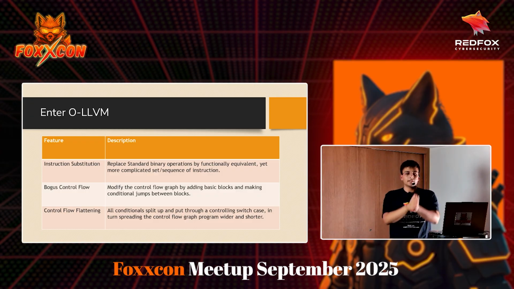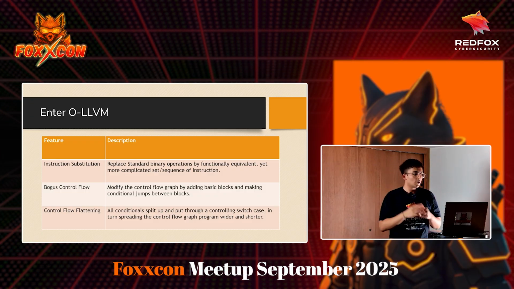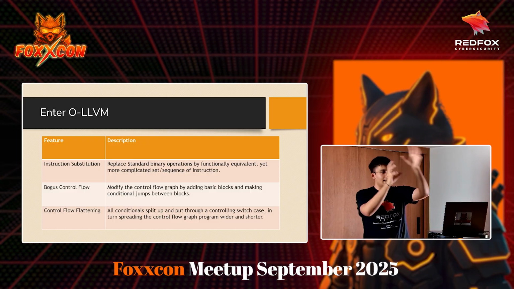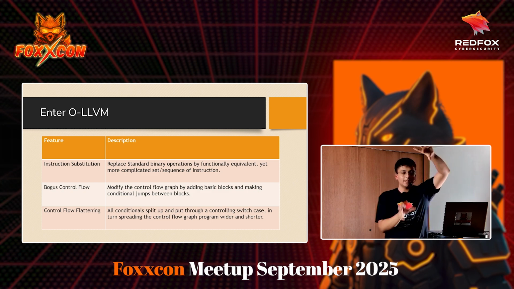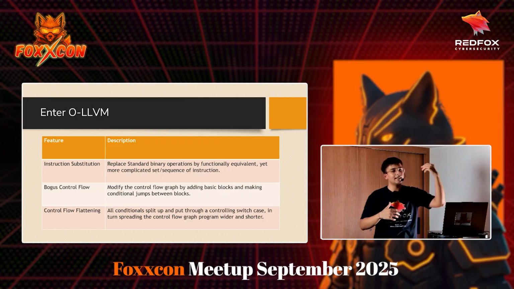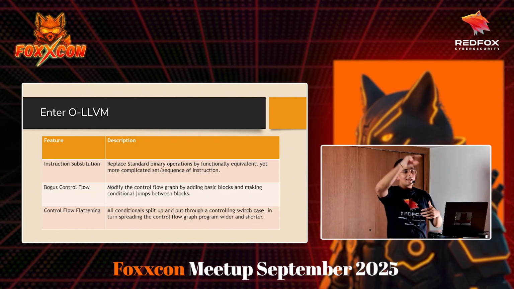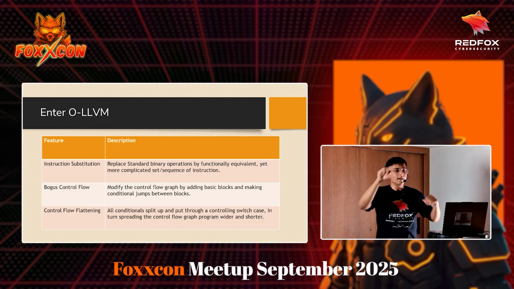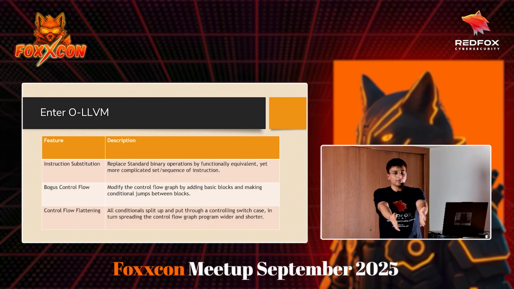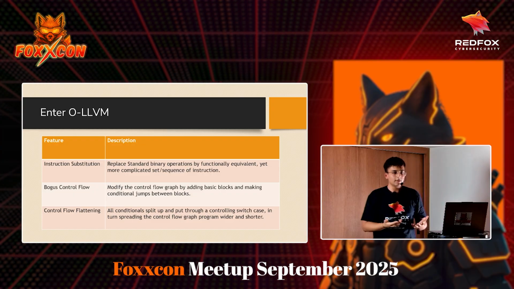If there are conditionals, it would branch out. So what bogus control flow does is it manually breaks your simple linear code into multiple parts and adds conditionals by itself and makes the graph look like a web. Instead of a linear rope or something of the sort, it makes it look like a web.